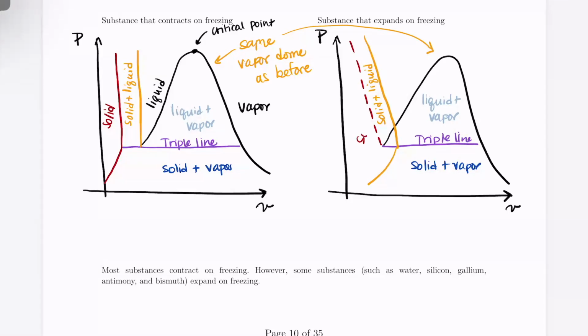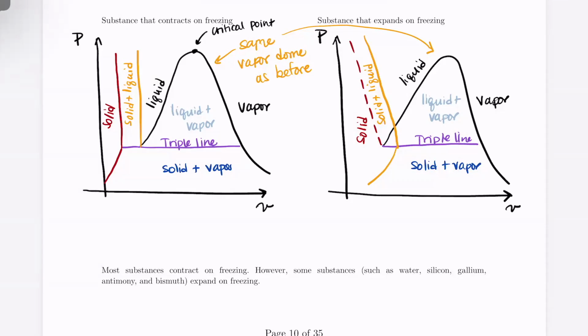Here's our solid. And then of course liquid and vapor is the same as the other side. Okay, so here's what this looks like when we include the solid as well. In this class, we're going to primarily concern ourselves with the liquid to vapor continuum of states, but this is the solid kind of in the mix as well.